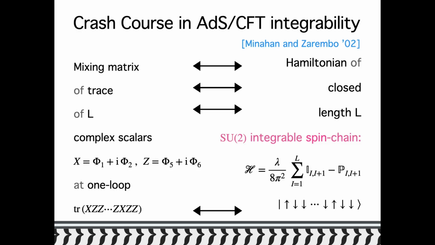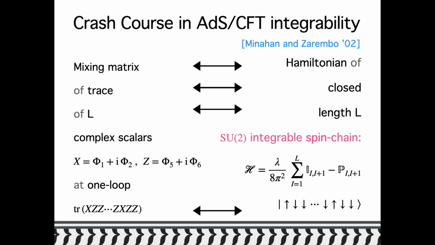So what Minahan and Zarembo showed was the following. Suppose you want to consider just scalar operators. Let's remove the defect and go back to basic N=4 super Yang-Mills, and consider operators made up of just 2 complex scalars.